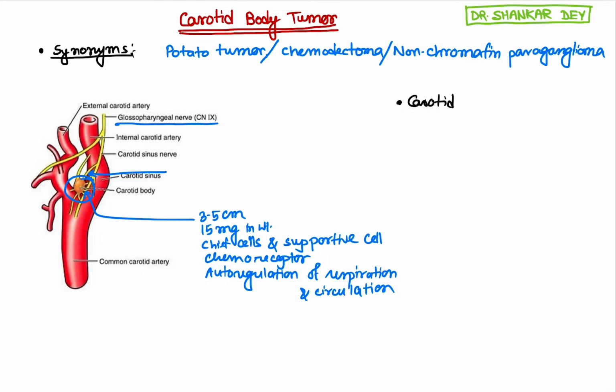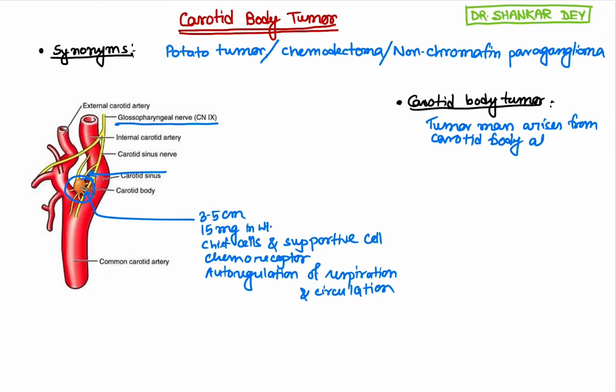A carotid body tumor is a tumor mass that arises from this carotid body at the bifurcation of common carotid artery.